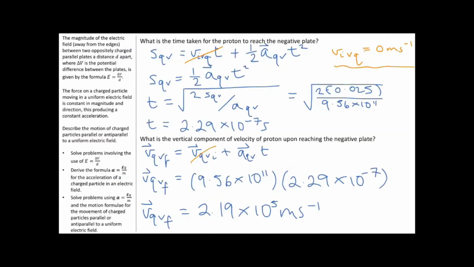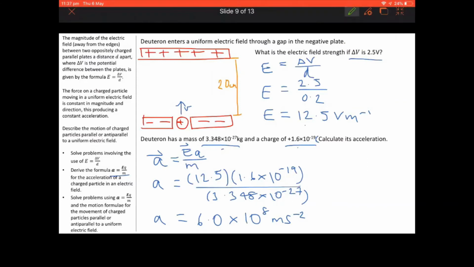If we go back to the terrific diagram I drew, the deuteron has a velocity upwards, so it's going to enter the field like this, but because it's positively charged, it's going to be attracted to the negative plate, so its acceleration is going to be in that direction, towards the negative plate.